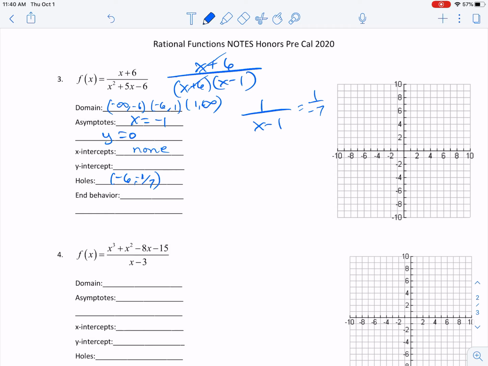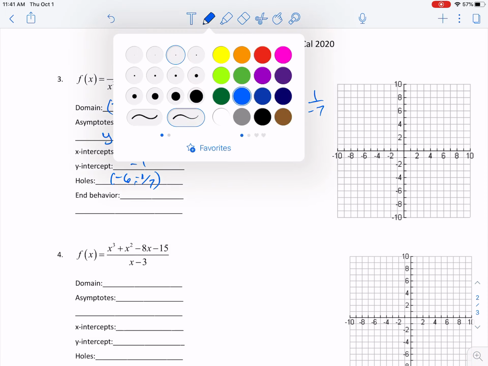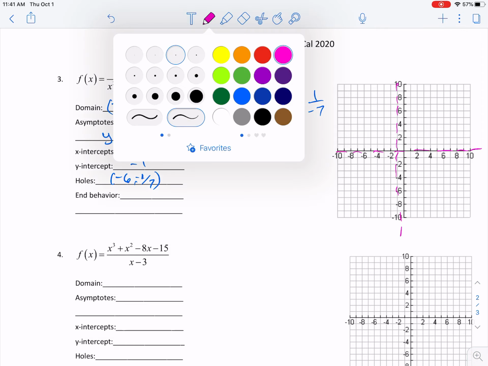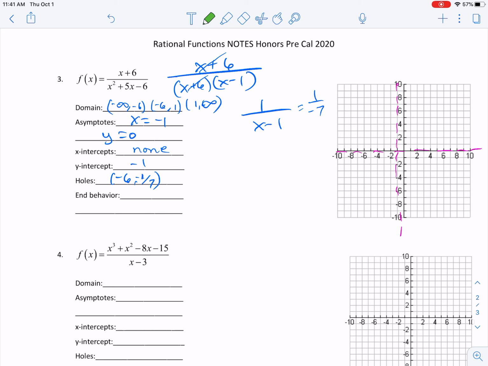It never crosses the x-axis. That's interesting. And the y-intercept, you let x equal 0, and it's negative 1. Okay? So when I come over here, we have to do my asymptotes. There's one right here, and there's one right here, and it crosses here at negative 1. So this graph must be going like this.